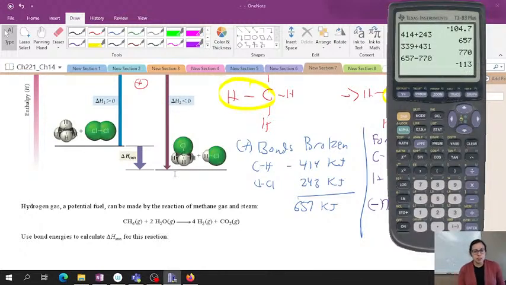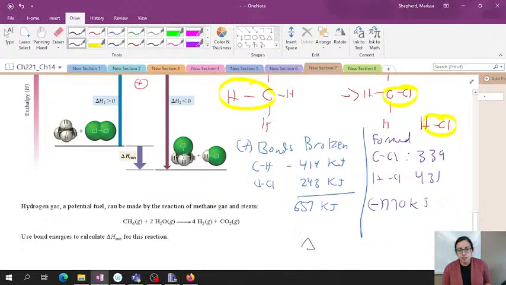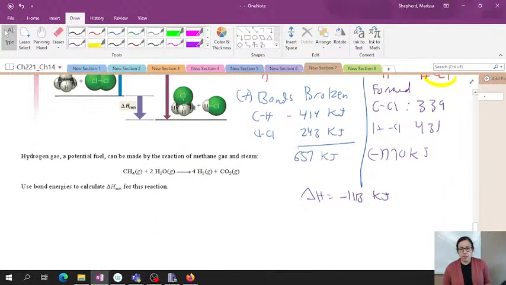Looking at our chart, it's showing that we're expecting an exothermic reaction, so our products are lower in energy, and that matches our number. Our number is negative, so we know it's exothermic. Those products are lower in energy. And so again, we can say this is exothermic. If we were feeling the container, it would feel hot to us.